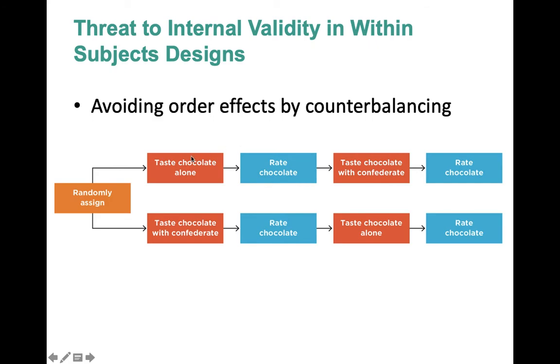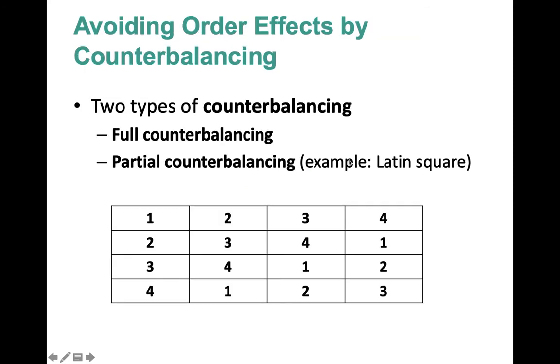So that concern would be mitigated by using this ordering, because that kind of second bite effect is still there. But if you saw higher ratings still with the confederate, that would mitigate that concern. So it could still be the case that the second bite gets lower ratings, but you'd expect there to still be higher ratings with the confederate. So that's how that concern would be addressed.